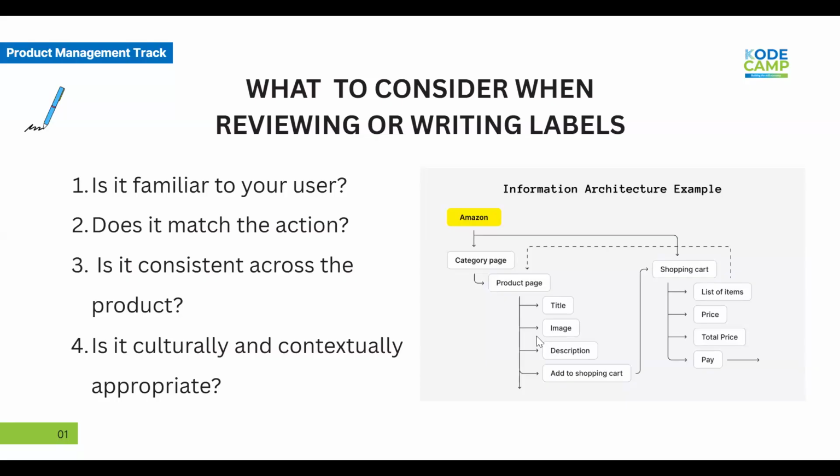Now, you also have to consider, does it match the actions, right? Don't label a button update if the next step is deleting something. If I click on this button, it's going to take me to go and delete something. So why are you labeling it as update? Do you get? Now, don't call a tab accounts if it only shows payment history.